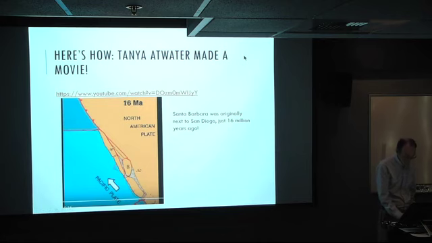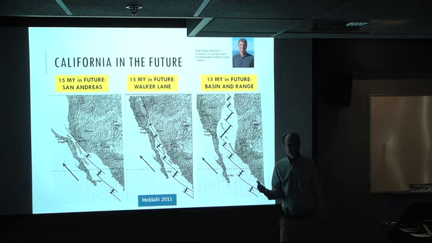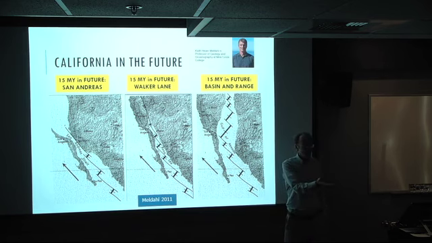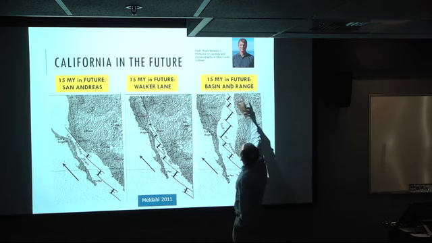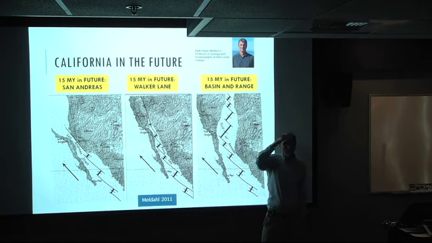All right. Now, people have asked me, well, what's going to happen in the next 15 million years? Is California going to fall into the Pacific? We've all heard that. Well, this young fella, he did his PhD in Arizona, and he's a professor down at Mira Costa College, I think.